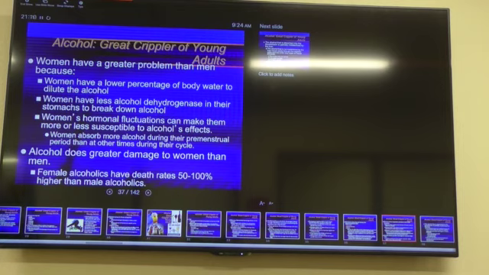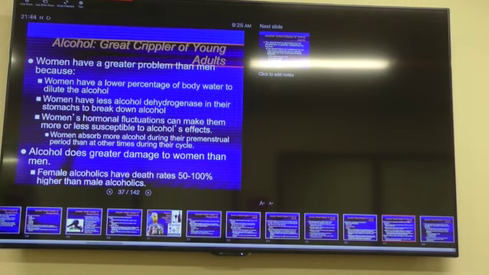Women have less alcohol dehydrogenase in their stomachs to break down alcohol. Women's hormonal fluctuations can make them more or less susceptible to alcohol's effects. And of course, the more hormones they have flashing through their body, the slower it is for them to process alcohol. So when they are ovulating, they get drunk real fast and real hard.